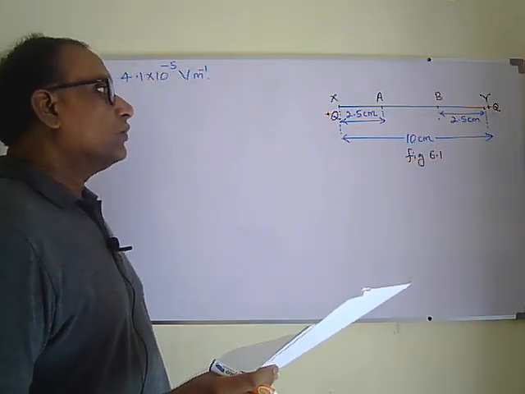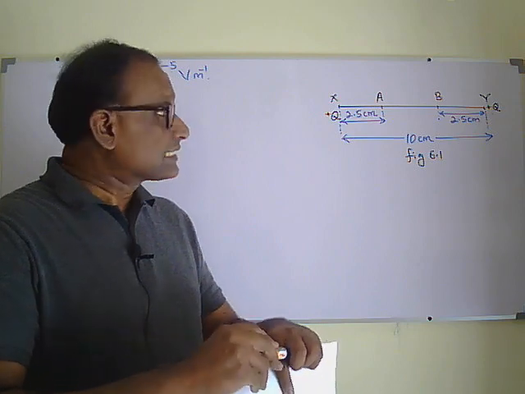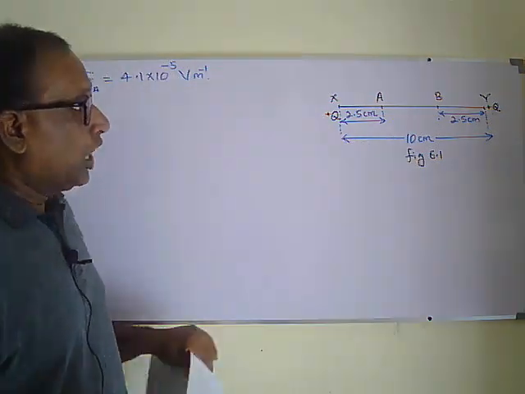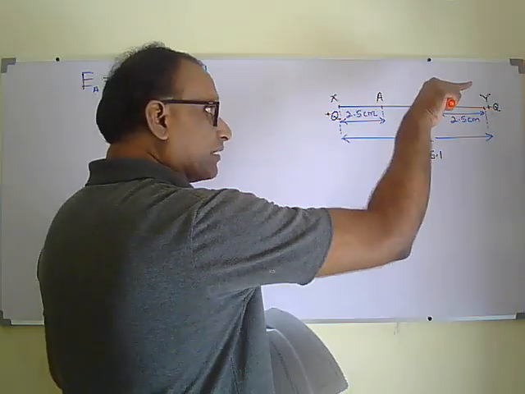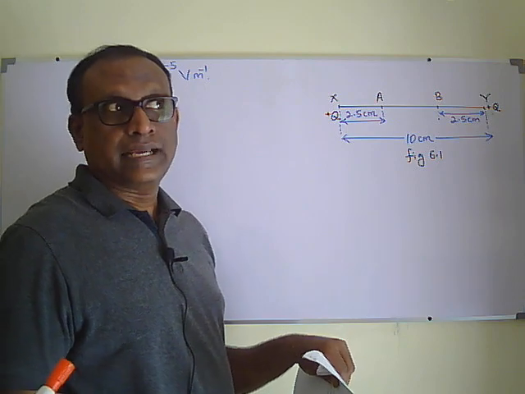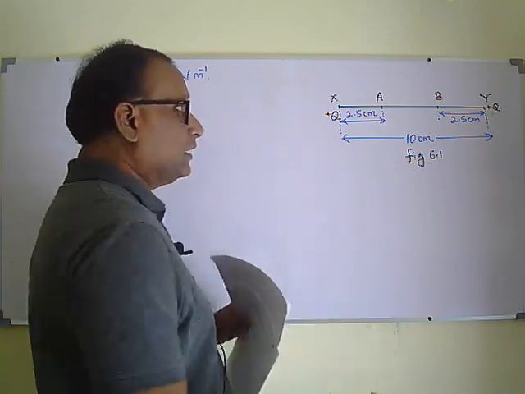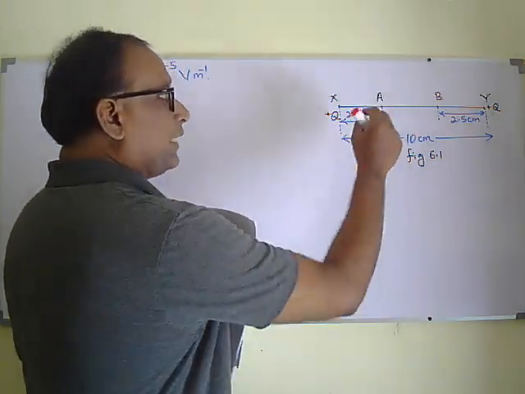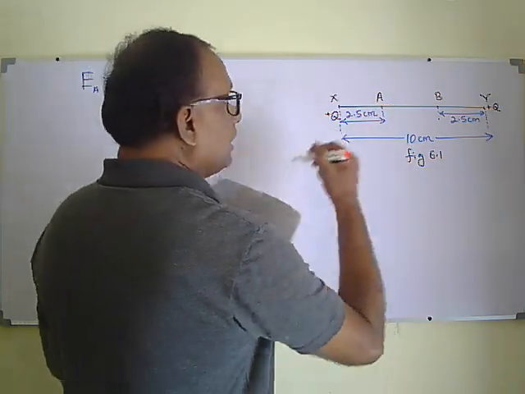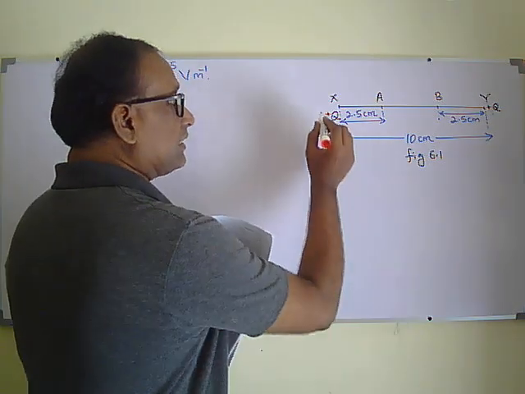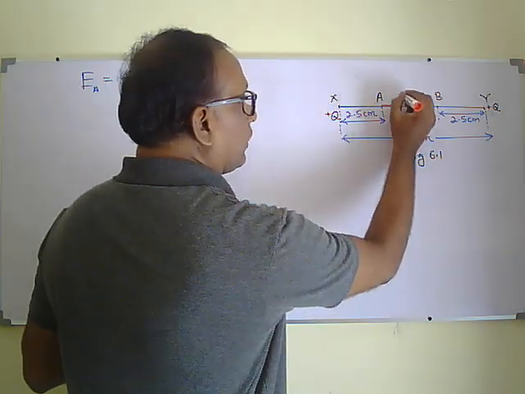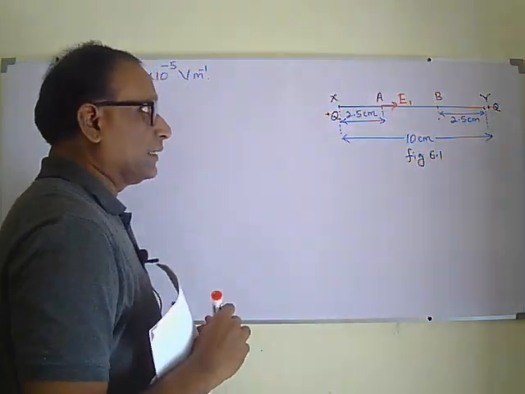Okay, so the electric field strength due to the charge at point X will be towards right. I already told in my previous videos, mainly in my first video, keep a positive test charge. When I keep a positive test charge at A, the plus Q at X will repel. So the direction of the electric field strength due to this charge at A will be E1, towards right.